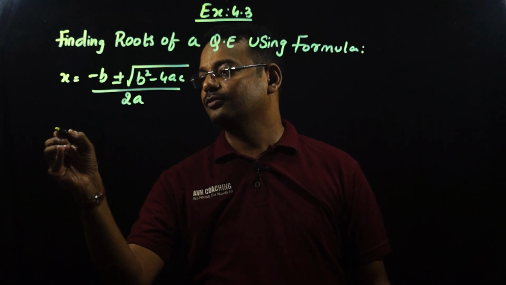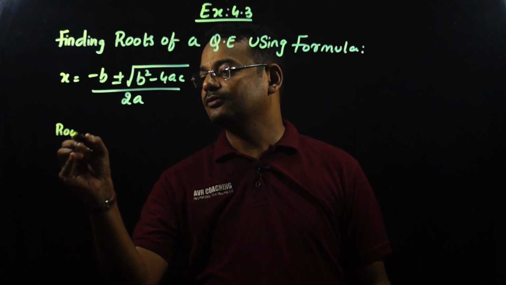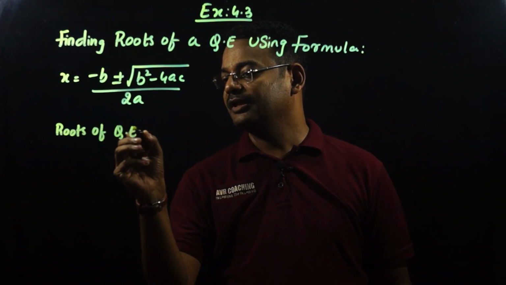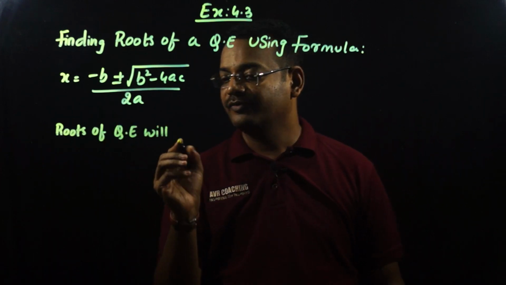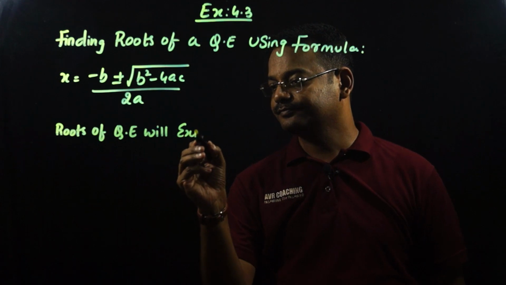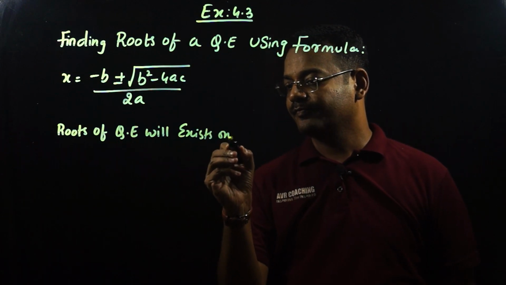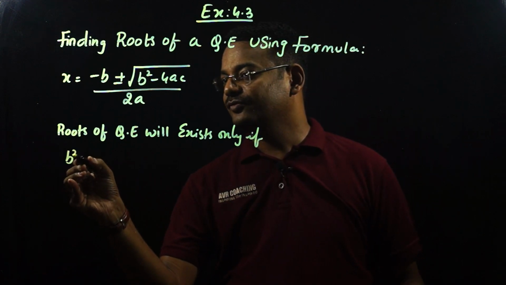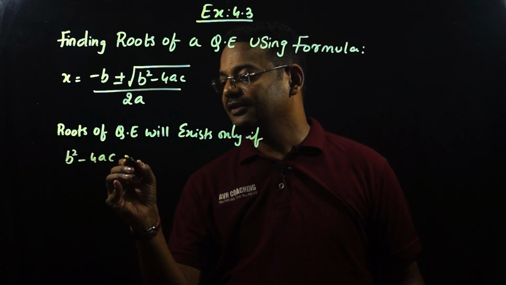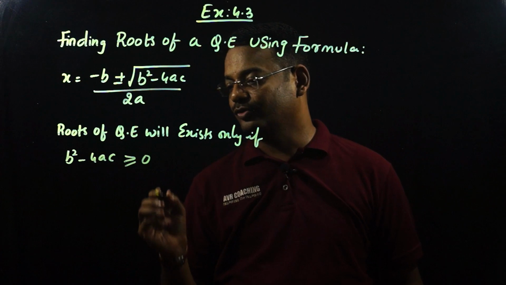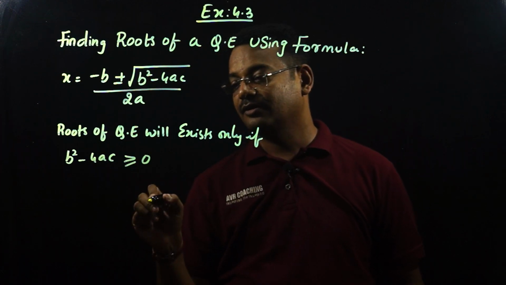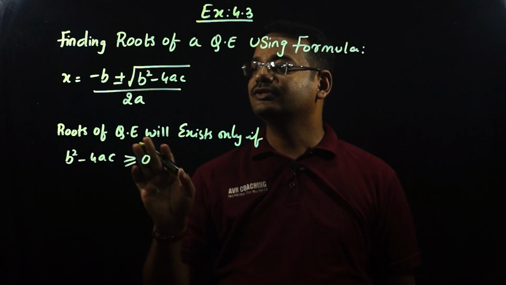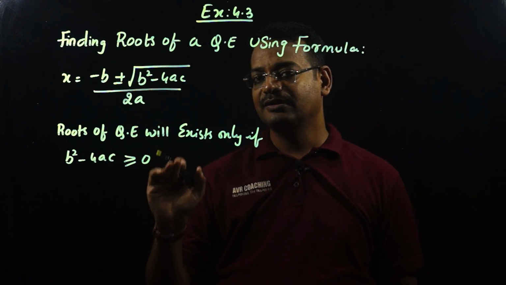So the roots of a quadratic equation will exist only if b square minus 4ac is greater than or equal to 0. If it is less than 0, the roots will not exist for the given equation. So this formula is very important to solve the second problem.